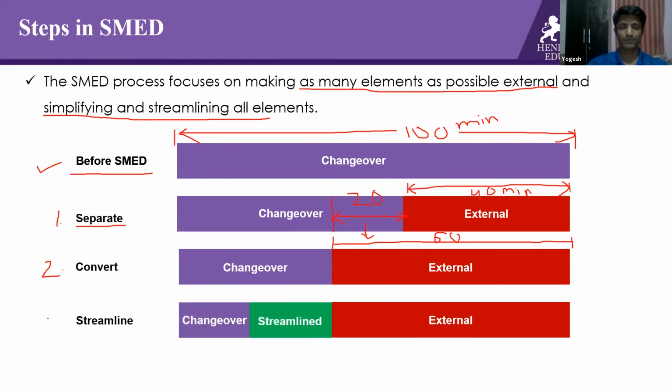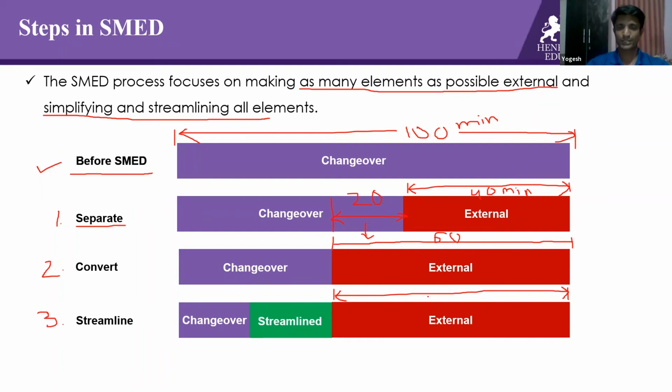And then the third step, streamline, right? Separate, convert, streamline. In streamline, these external elements are already moved out. Now this will not cause any downtime, because we are preparing for that while the machine is still running at its full or normal speed.